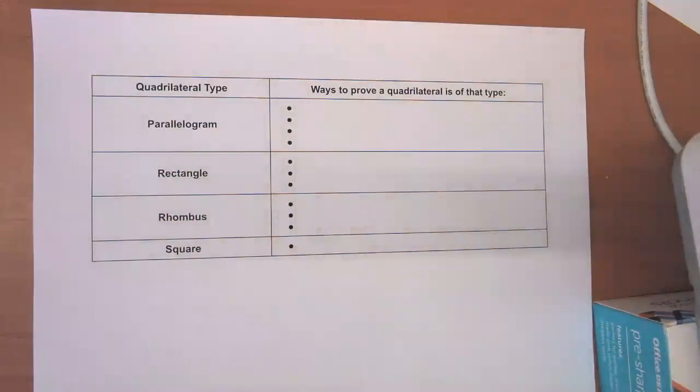And what this is going to lead up to is the kind of problems we're going to be able to handle at the end of this module, using this quadrilateral reference sheet information, except that we're going to be able to answer a new sort of question, which is: here are the coordinates of 4 points. I want you to prove that those 4 points form a rectangle, but not a square.